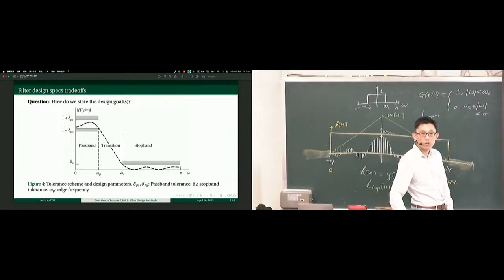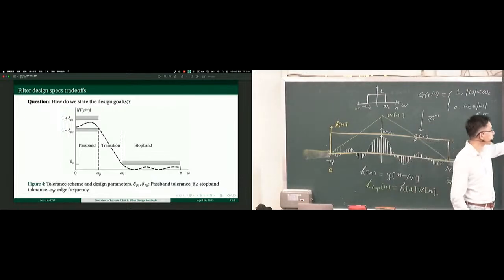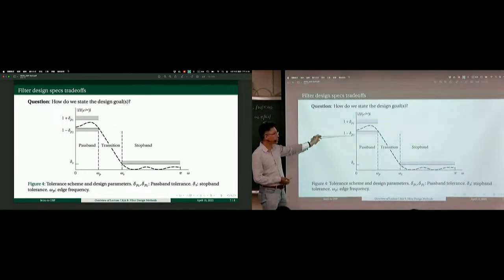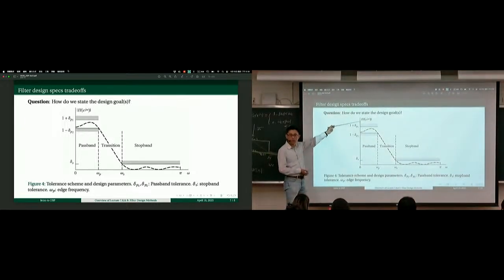How much error do we tolerate? How much are we willing to let the gain deviate from 1? Even though it's not exactly 1, if in the pass band it's bounded up and down between 1 plus delta P1 and 1 minus delta P2, that's the tolerance we're talking about.